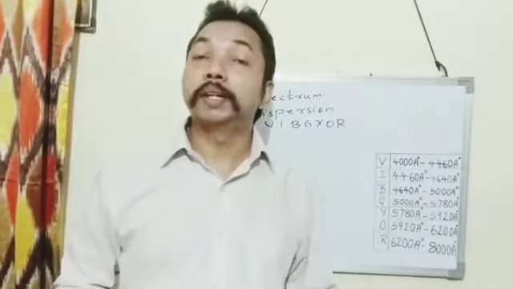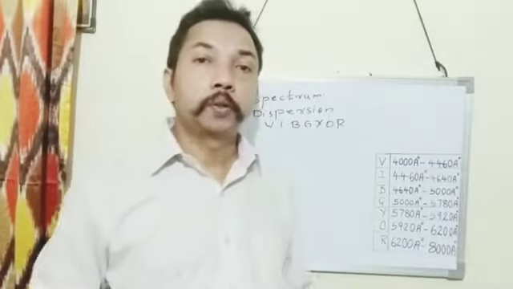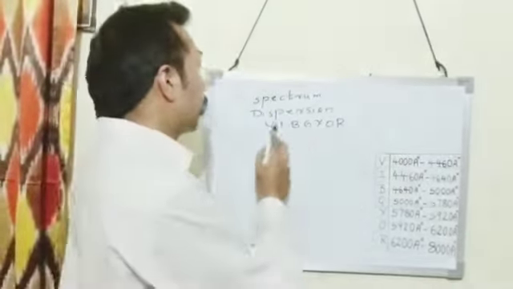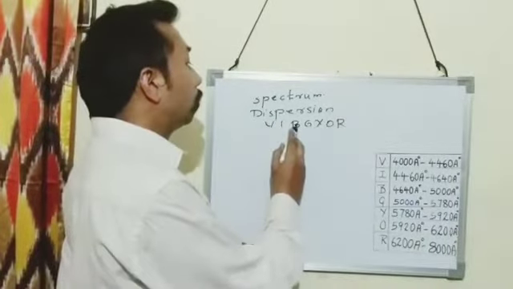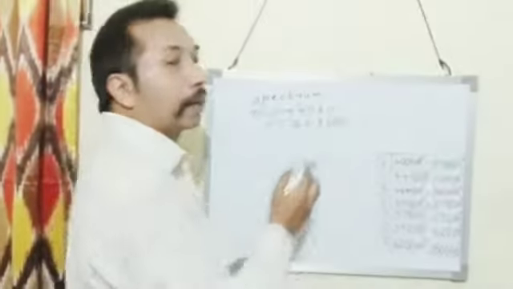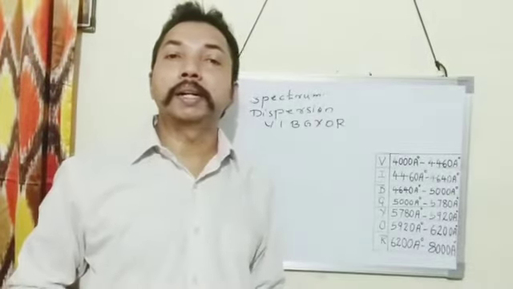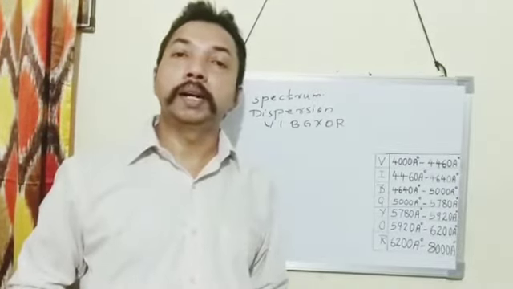Due to dispersion of light, these 7 colors are obtained: violet, indigo, blue, green, yellow, orange and red. These 7 colors can be remembered by remembering the word VIBGYOR.